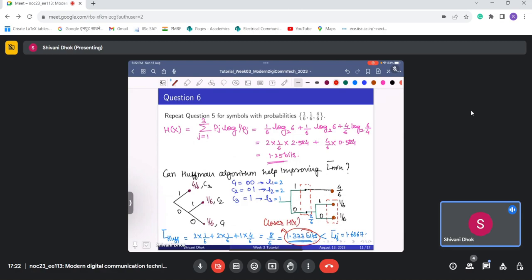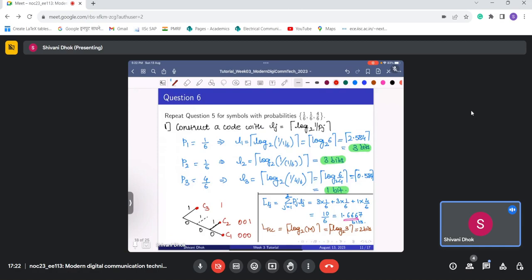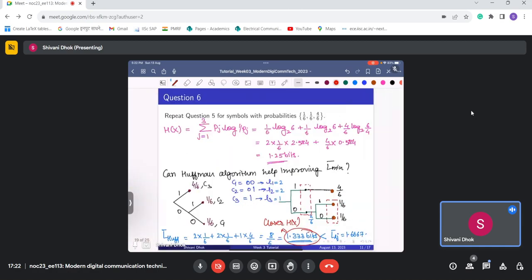Why? Because earlier C1 and C2 were consuming 3 bits, but now they are consuming only 2 bits. So the Huffman algorithm is helping us. Another thing to note is that this L that we obtained lies between H(X) and H(X) plus 1.